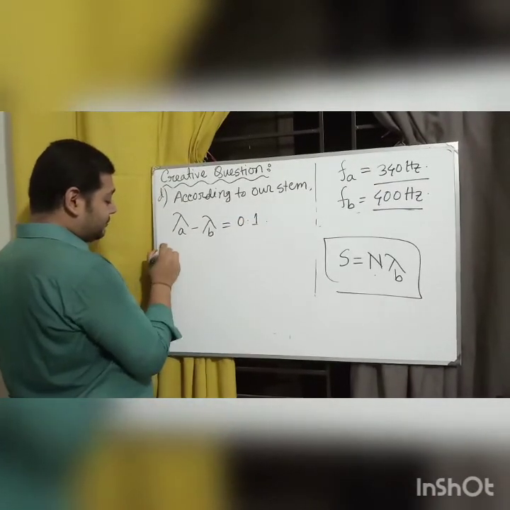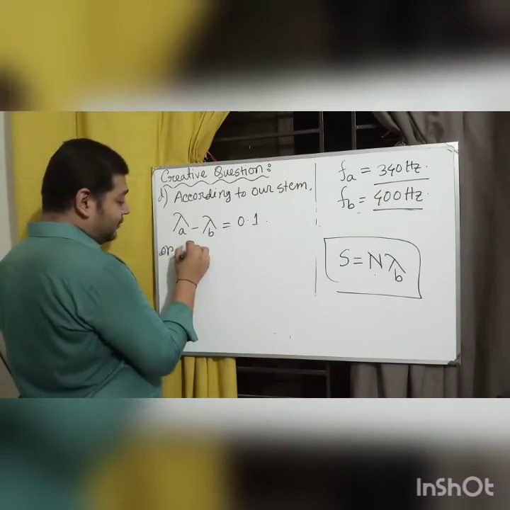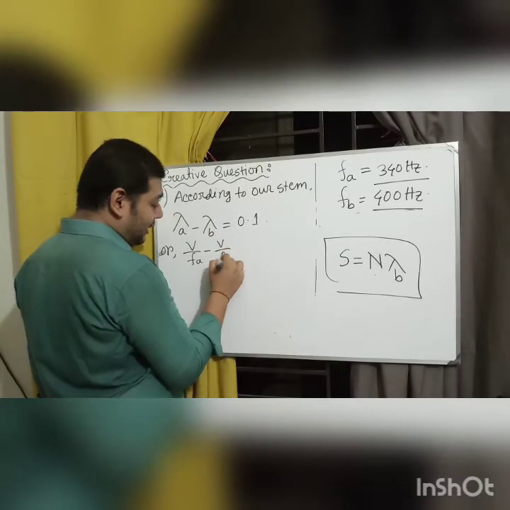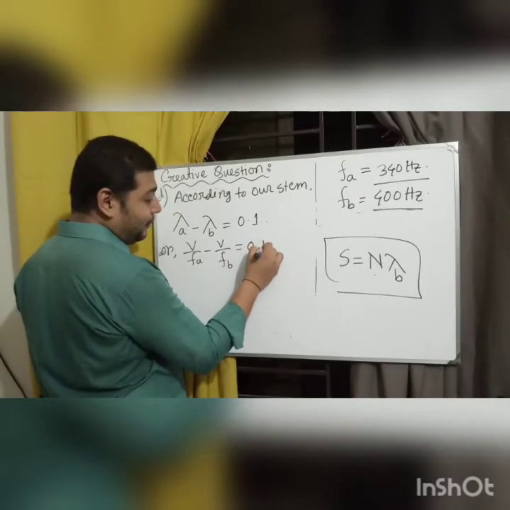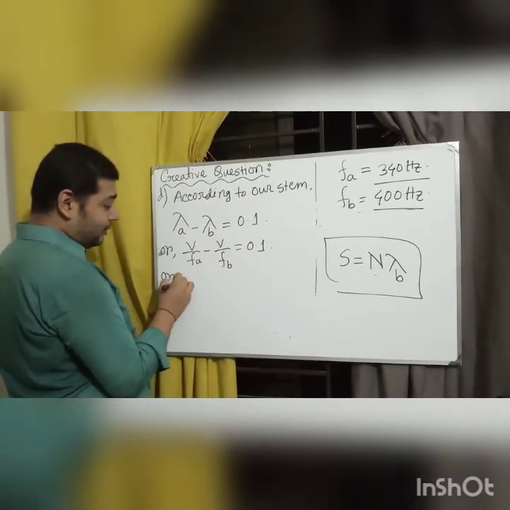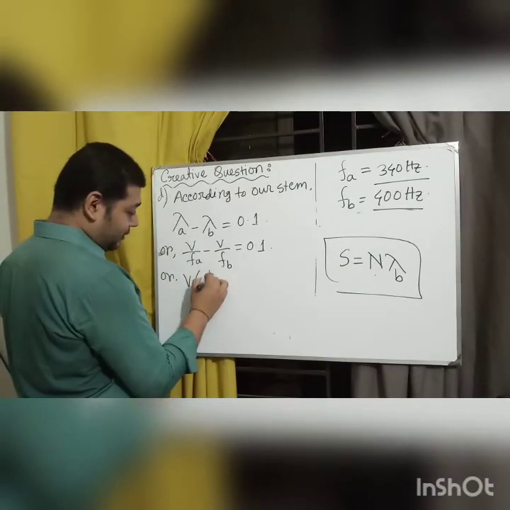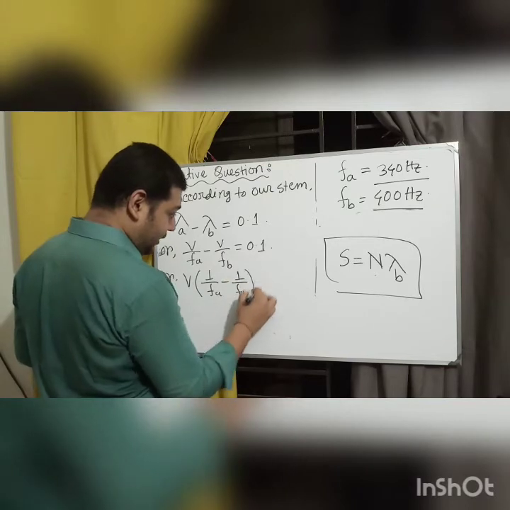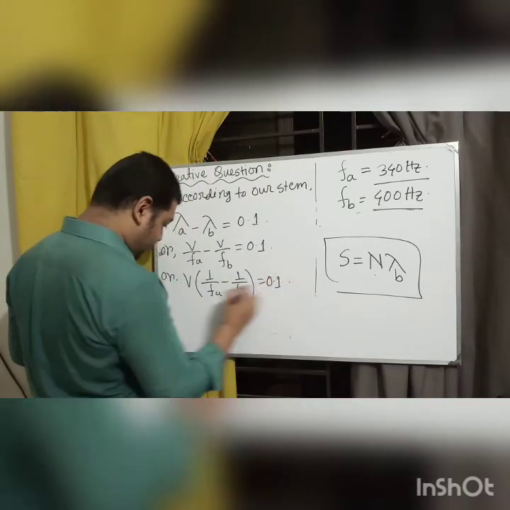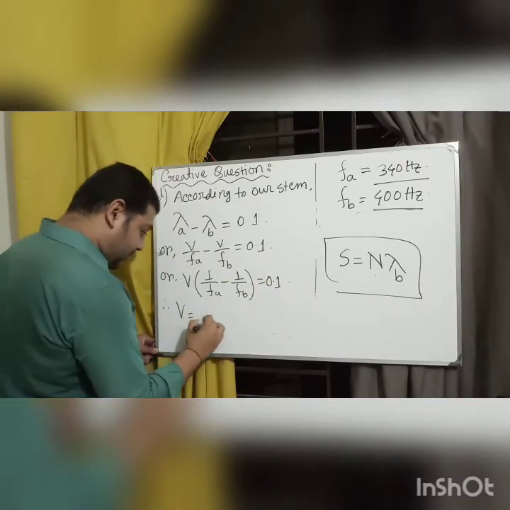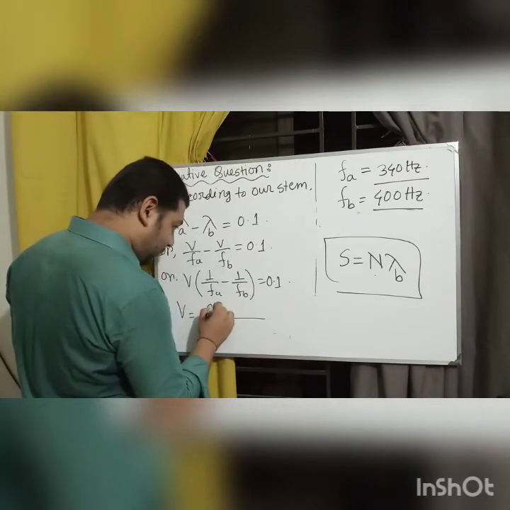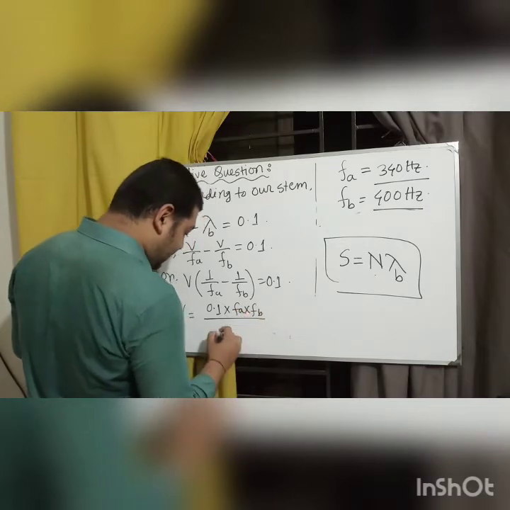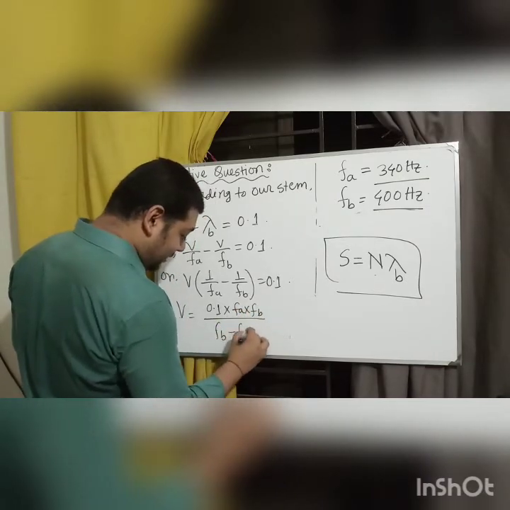Again V by FA minus V by FB equal to 0.1. Okay, or 1 by FA minus 1 by FB equal to 0.1, and therefore V equal to 0.1 into FA into FB divided by FB minus FA.